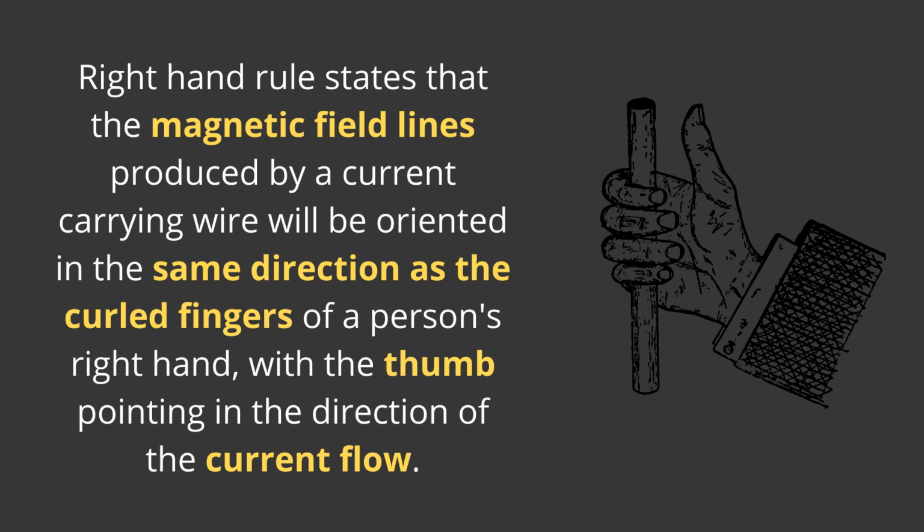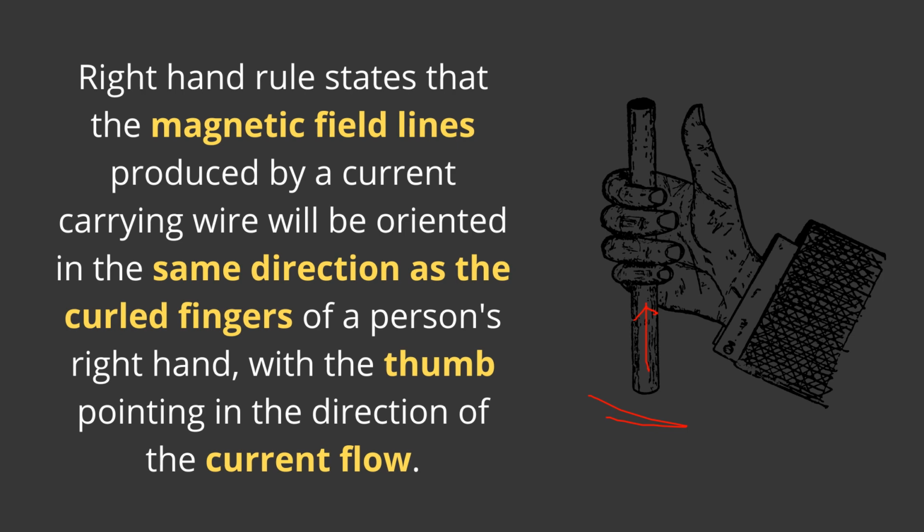So just take your right hand, right? Maybe hold a pen, and that pen or stick will act as your conducting wire that has current flowing in it, right? The right hand rule says that the magnetic field lines produced by a current carrying wire will be oriented in the direction of the curled fingers. So we assume this is your current, and maybe your current is going up, and this is your wire.